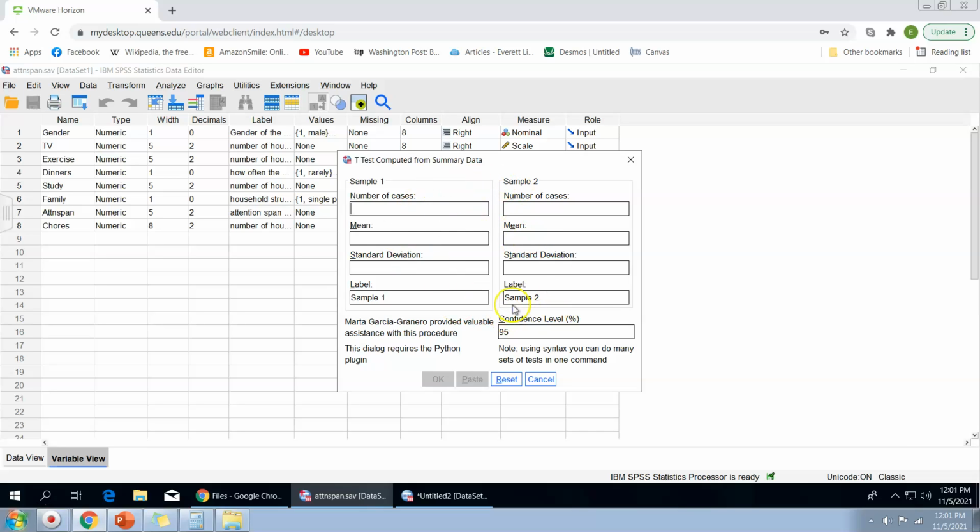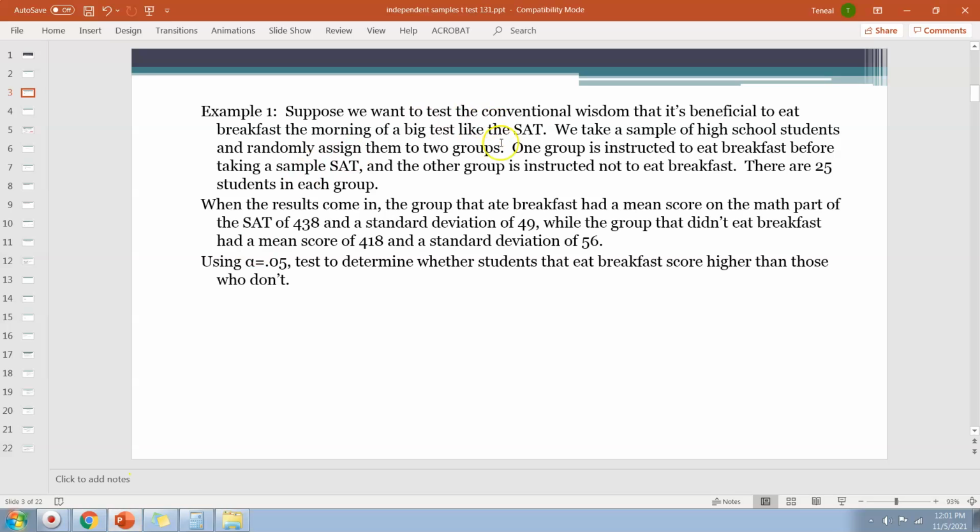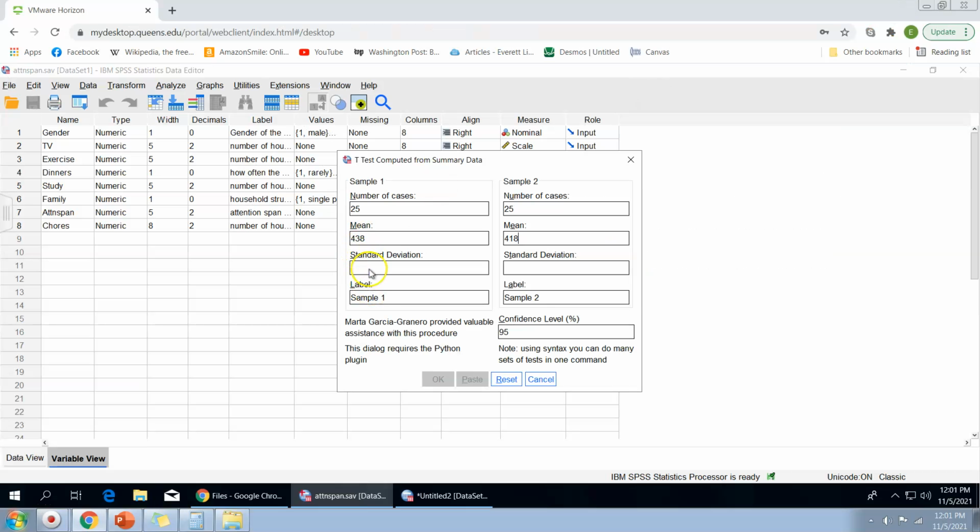And so we just have to input the information they gave us. So the number of cases they said was 25 for both of them. The means we said was 438 and 418. Double check that. 438 and 418. The standard deviations were 49 and 56.